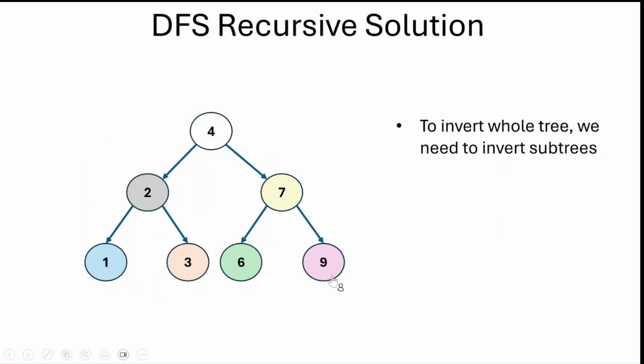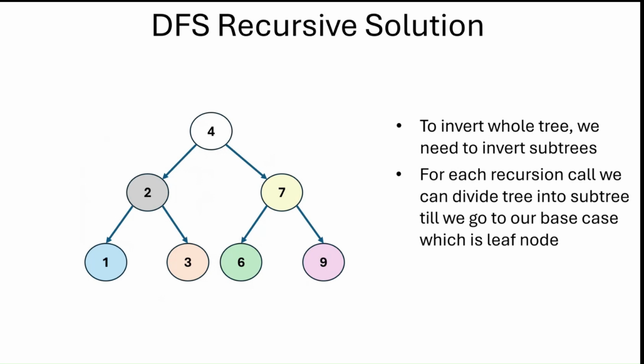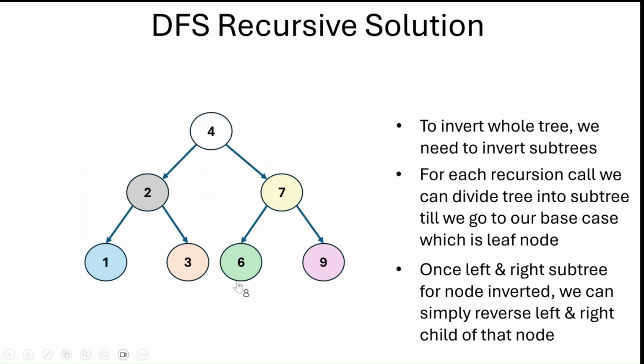So to invert the whole tree, we need to invert its subtrees. For each recursive call, we can divide the tree into subtrees until we reach our base case, which is the leaf node, because for a leaf node there are no further subtrees. Once the left and right subtrees of a node are inverted, we can simply swap the left and right child of the node.